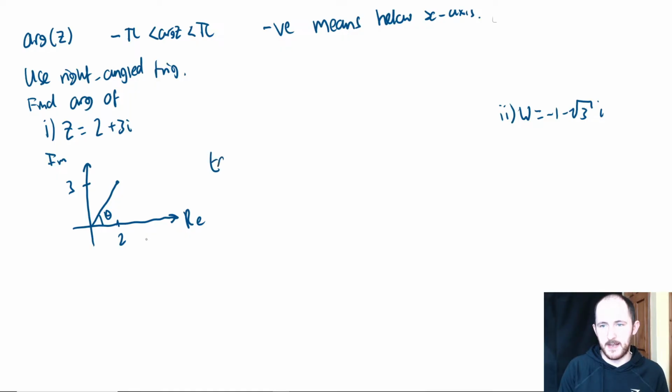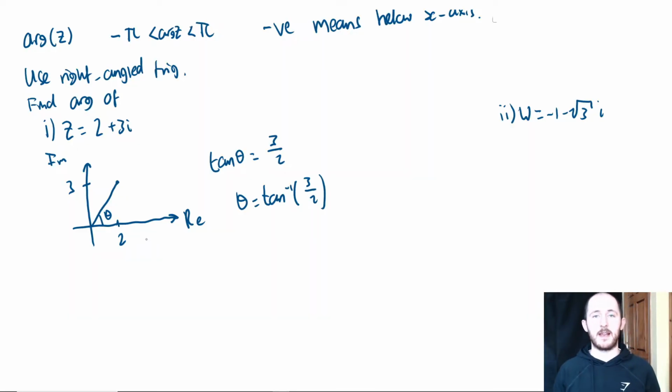So tan theta equals opposite over adjacent, 3 over 2. So theta is just equal to the inverse tan of 3 over 2. Again, make sure your calculator is in radians mode, just in case. And you should get an answer of 0.983 radians. Perfect.